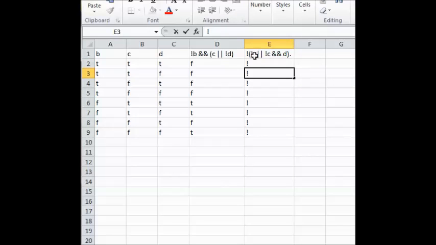Okay, in this situation, any place where B is true means that the statement is going to be true. So B's true here.